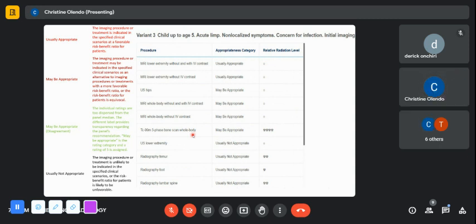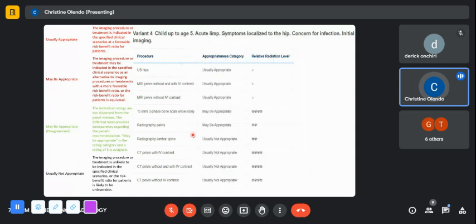Somebody can come with a certain kind of presentation whereby actually that is the imaging that will be most appropriate. Here you've said not appropriate and you're sending this forward as guidelines and you can have litigation. So it's actually just to protect yourself from litigation. And that's why they are qualifying this using appropriateness criteria. All right.